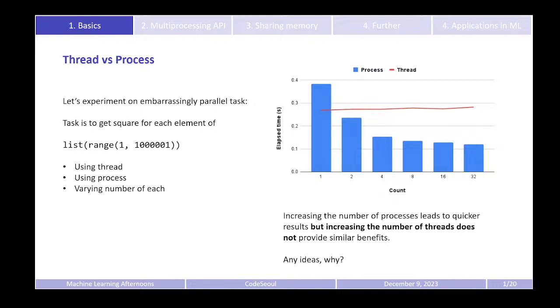For example, this graph shows that the blue one, if we exponentially increase the number of threads from 1 to 32, which was the capacity of my PC, you can see that with the growth of the number of processes, the elapsed time for a specific function gets less and less, which means the overall execution is much quicker to finish, compared to just increasing the number of threads from 1 to 32.